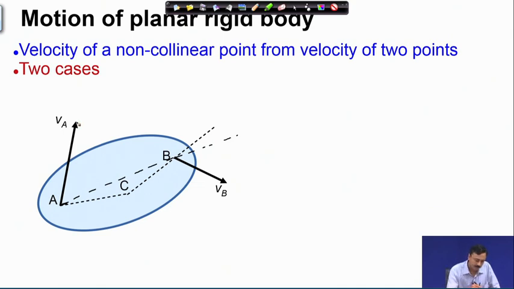So, the projection of VA along AB and VB along AB, let us see that vector. So, this and this, these two red vectors must be equal, and they are equal to the accuracy of my drawing. So, VA and VB are valid velocity vectors of points A and B.